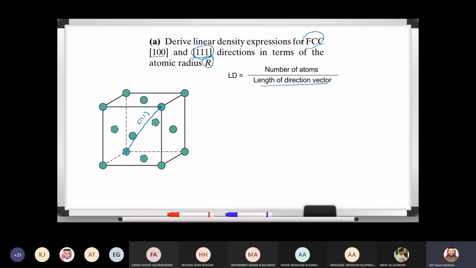And the linear density, we know, is the number of atoms divided by the length of the direction vector. So what is the number of atoms here? How many R do we have? What do you think, guys? Any guesses? One and a quarter. Okay, why is it one and a quarter? What do you think?